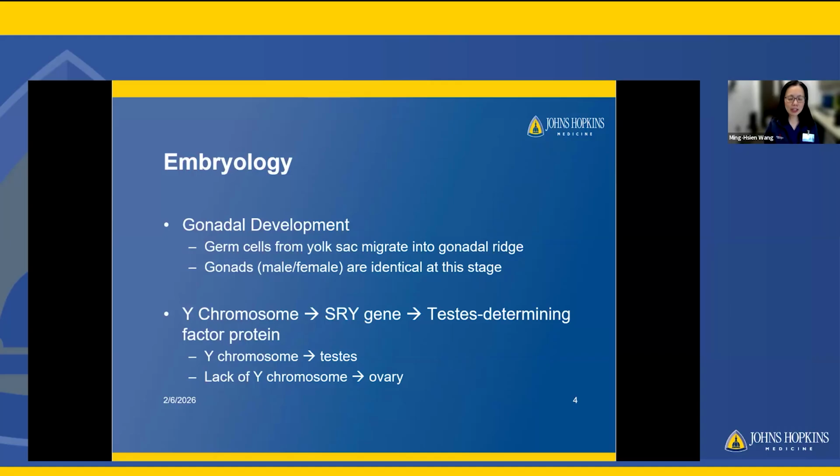If there's a lack of Y chromosome or a defect in the SRY gene, then you have the development of an ovary. So this all happens during the first few weeks of gestation.